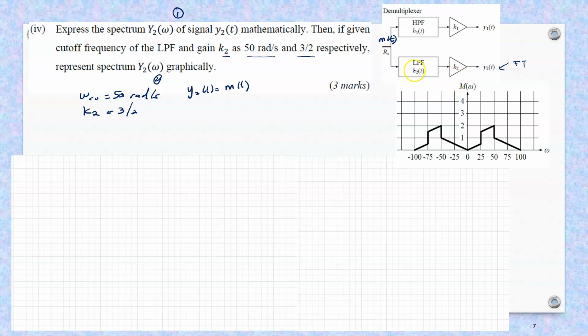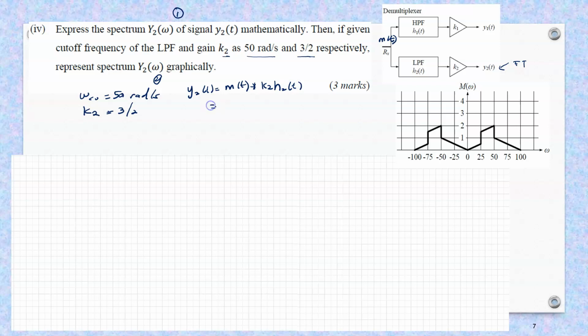Basically, the low pass filter has gain K2 and impulse response h2(t). The process in the time domain is convolution, but when we analyze in the Fourier transform domain, it becomes multiplication.